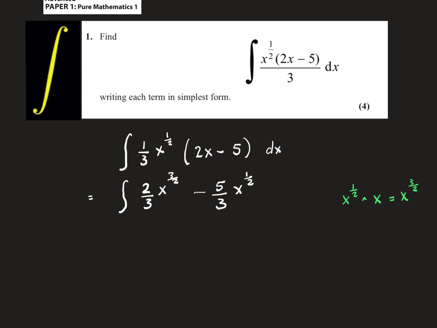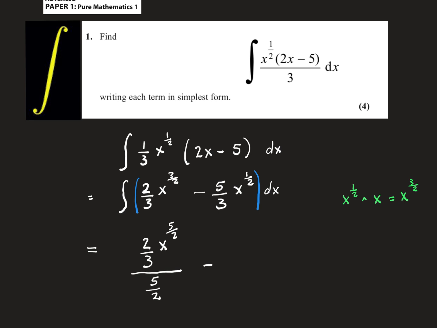Okay, let's make sure that we put this in brackets, because the whole thing will now be integrated with respect to x. Now I can integrate this, so I will have 2 over 3 stays, but we will raise the power of x to 5 over 2, and we must now divide it by that new power underneath here, 5 over 2.